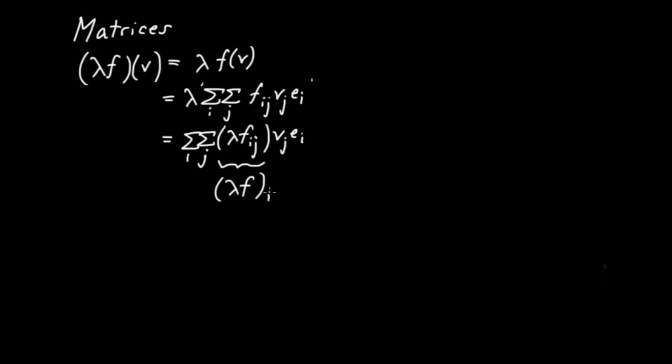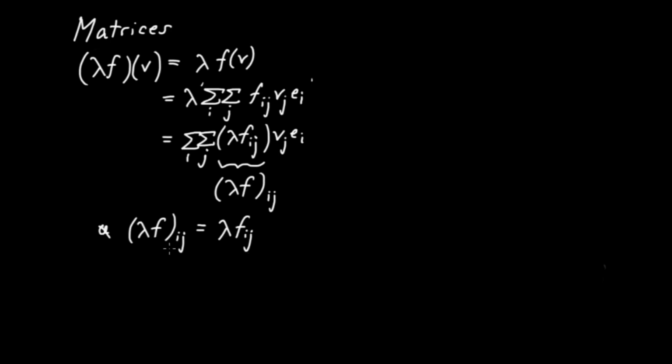So this would be lambda f i sub j. And therefore what we've shown is that if we know the matrix representation for f ij, then the right matrix representation for lambda f is given the following way. Lambda f i sub j, the ij entry of this is simply given by lambda times the ijth entry for f, as you would expect.